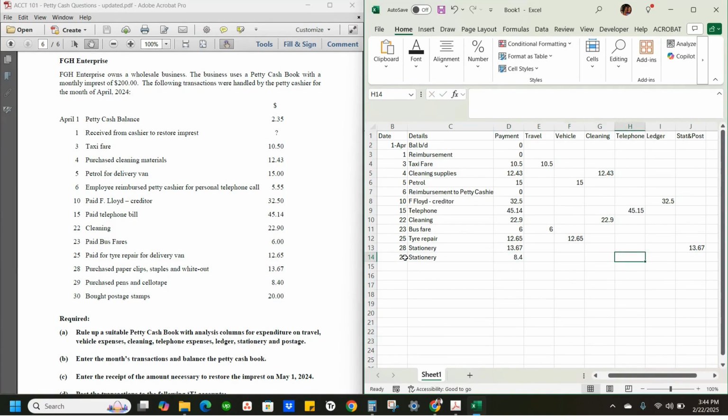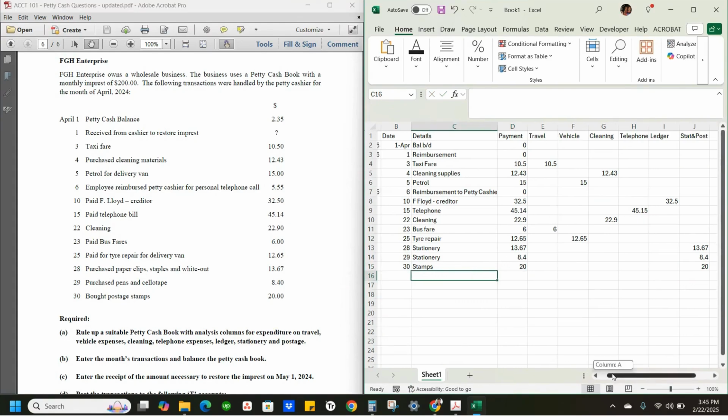This is more stationery that was purchased. $8.40. And finally, on the 30th, we have stamps being bought, which is also going into the same column. This is 20. Oops, I forgot to enter it here in my payment column, so I just need to ensure that I do that.